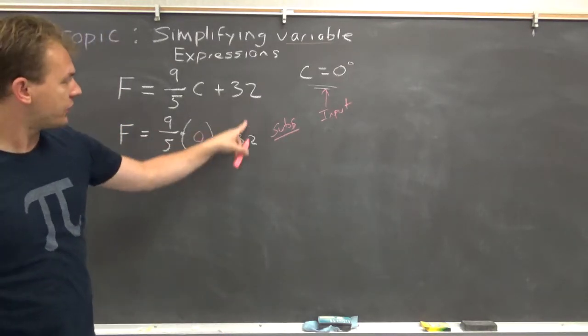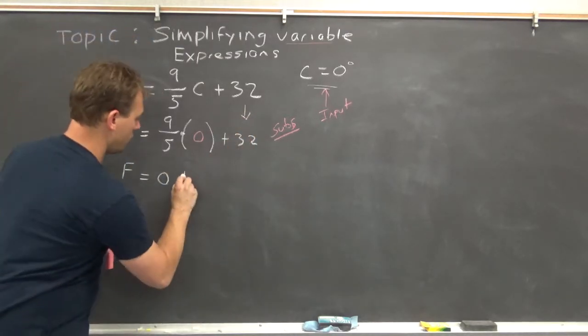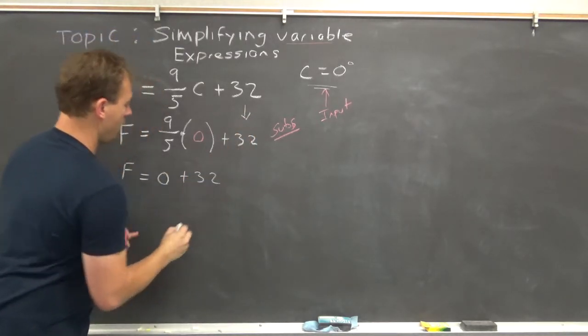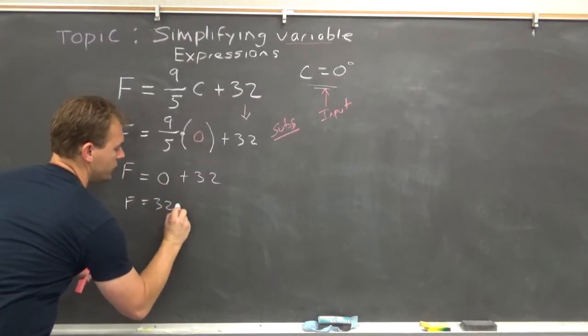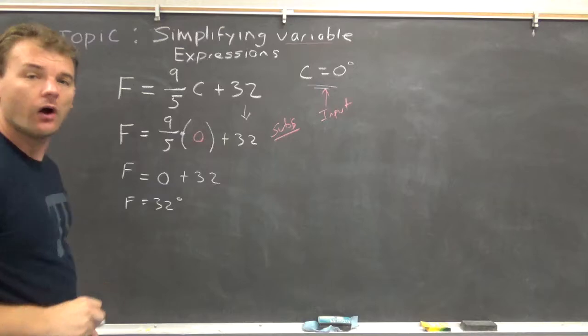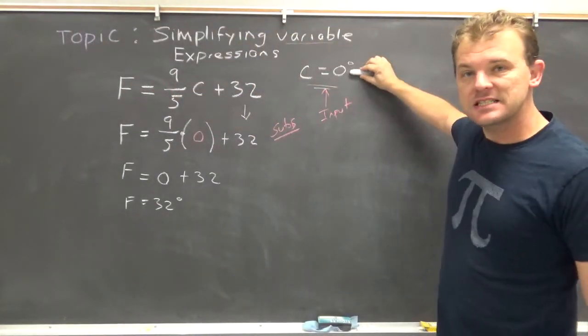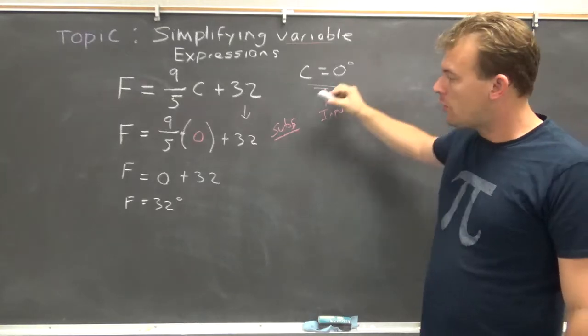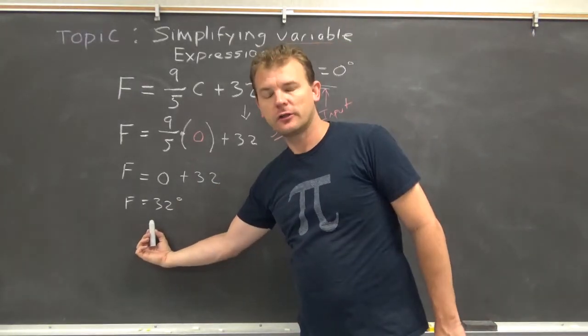You have this 32 that is always coming down. So you go plus 32, or F equals 32 degrees. So at 0 degrees Celsius, you have a Fahrenheit of 32 degrees.